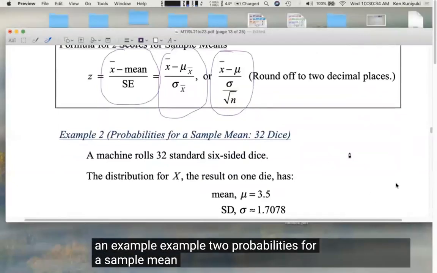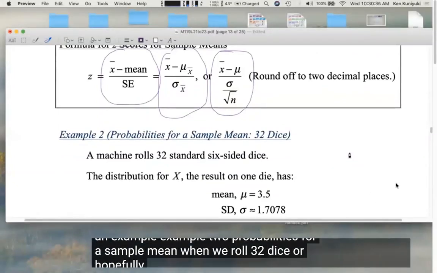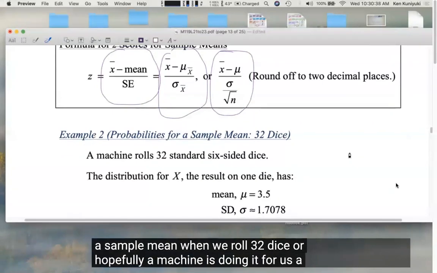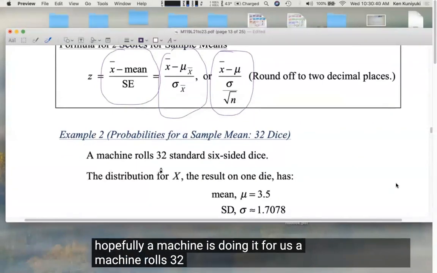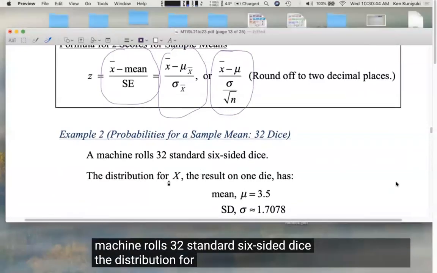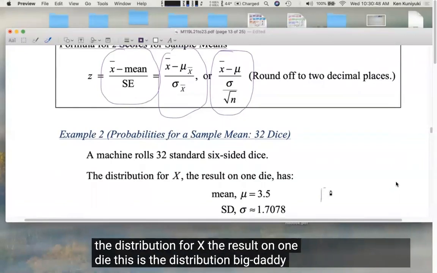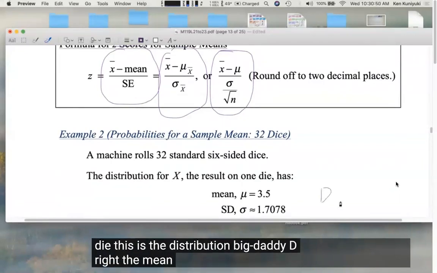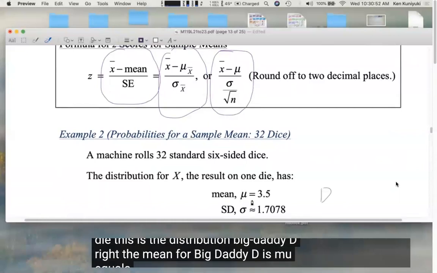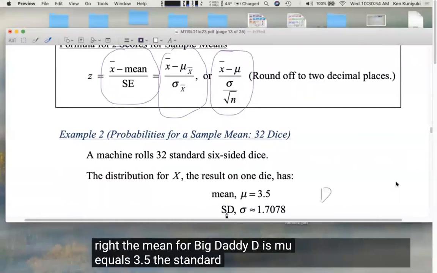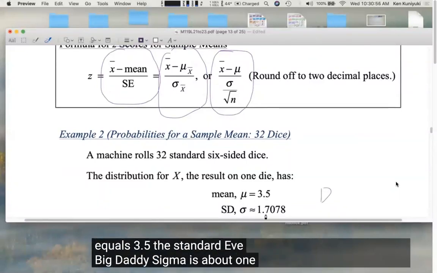Probabilities for a sample mean when we roll 32 dice, or hopefully a machine is doing it for us. A machine rolls 32 standard 6-sided dice. The distribution for X, the result on one die, this is the distribution Big Daddy D, right? The mean for Big Daddy D is mu equals 3.5. The standard deviation, Big Daddy sigma, is about 1.7.